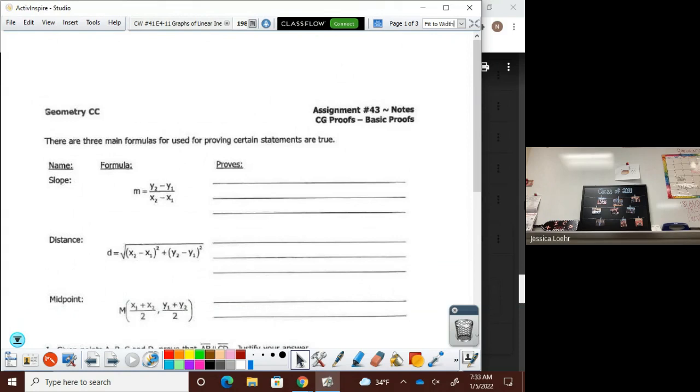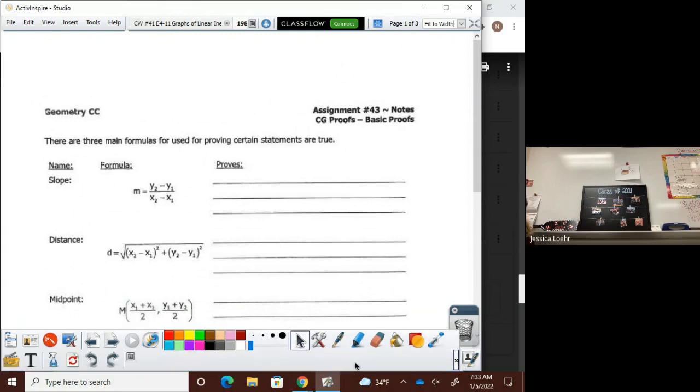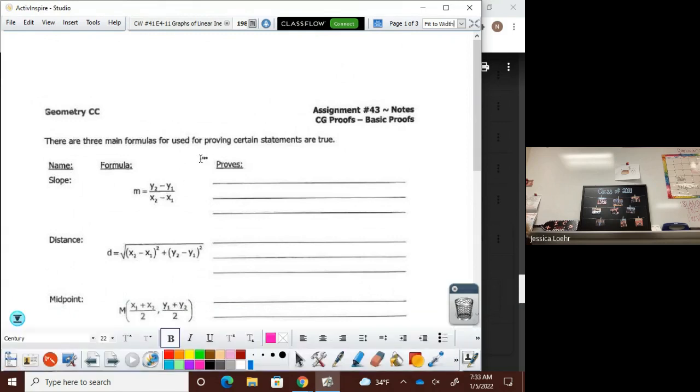So when you're using the slope formula, and I think I'm going to type this just so that it's neater, when you're using the slope formula, that's going to prove that lines are either parallel or perpendicular. When the slopes are equal, the lines are parallel.